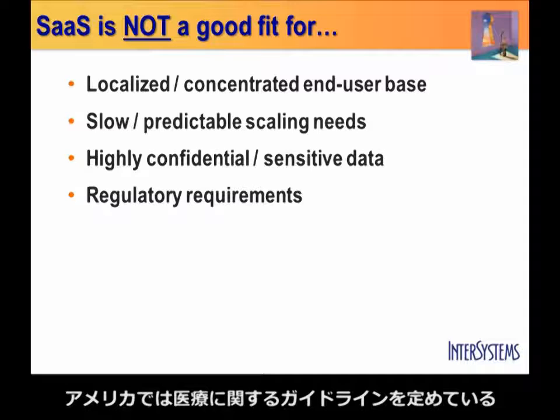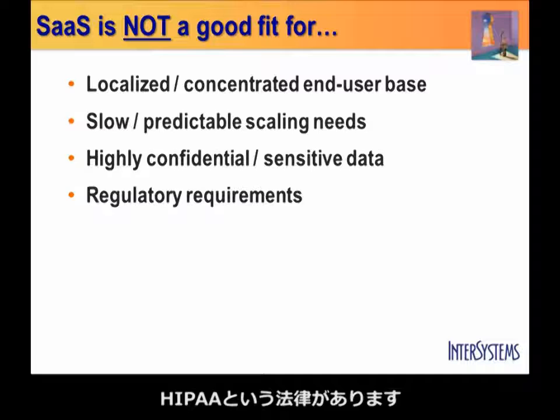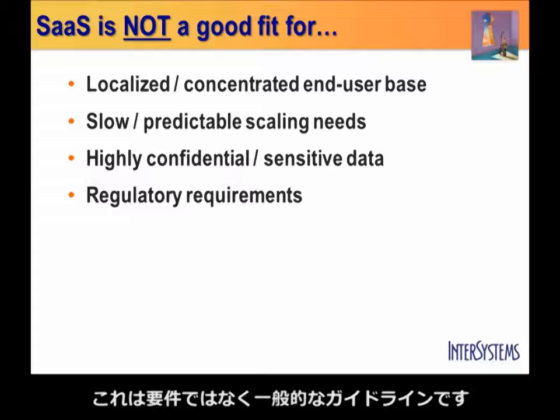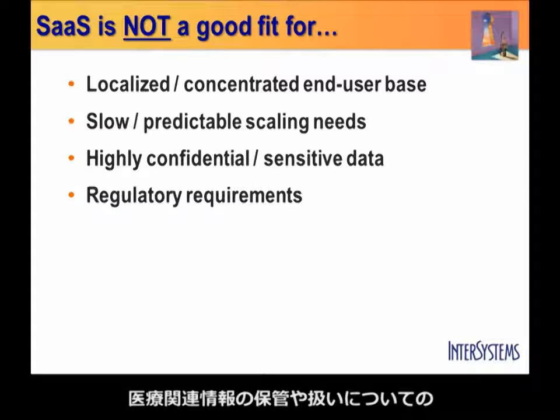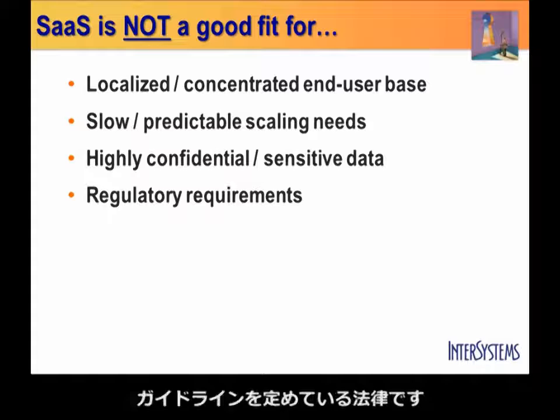In the U.S., there's a lot of stuff around healthcare with HIPAA, which basically gives some guidelines. It's a guideline. It's not a requirement. So it gives guidelines on how healthcare information needs to be stored and treated.